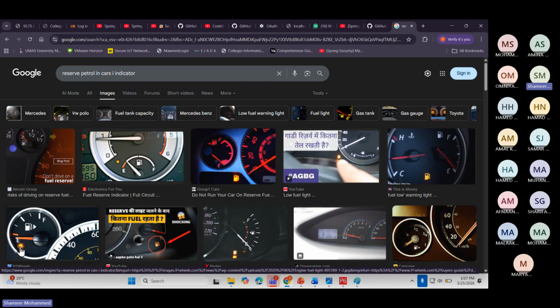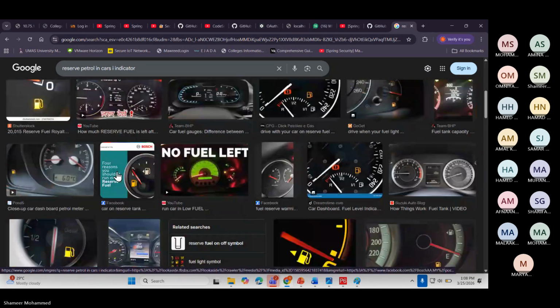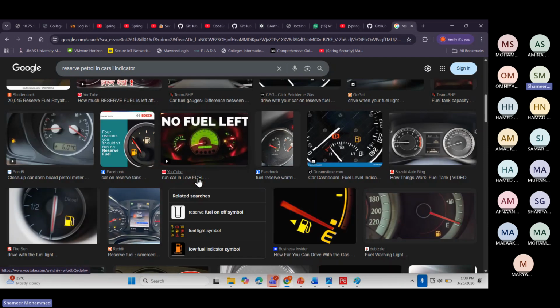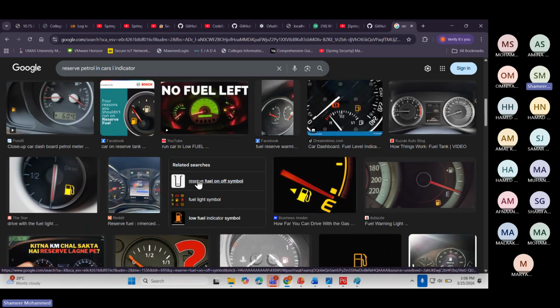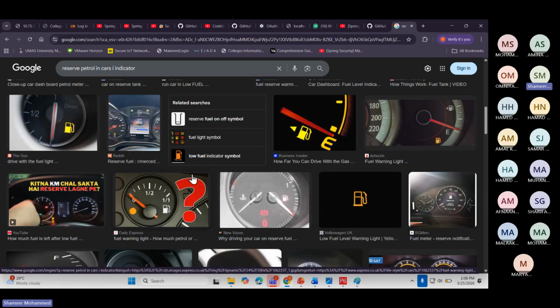It tells you that you have very little petrol, only this much now. So be careful. Now in this one, see, there is no petrol left. That means you are saving the petrol for your difficult times.